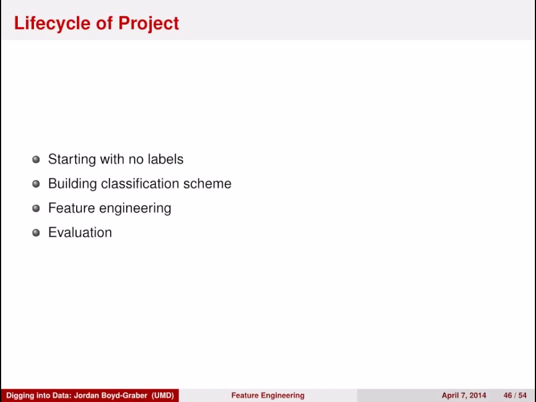Once you have a good labeled data set, you then work with feature engineering to create a good system for automatically classifying some data. And then you communicate your results. You show that you have an interesting problem and that you did a good job of solving it. And in many ways, this serves as a good summary for everything that we've done in the course so far.